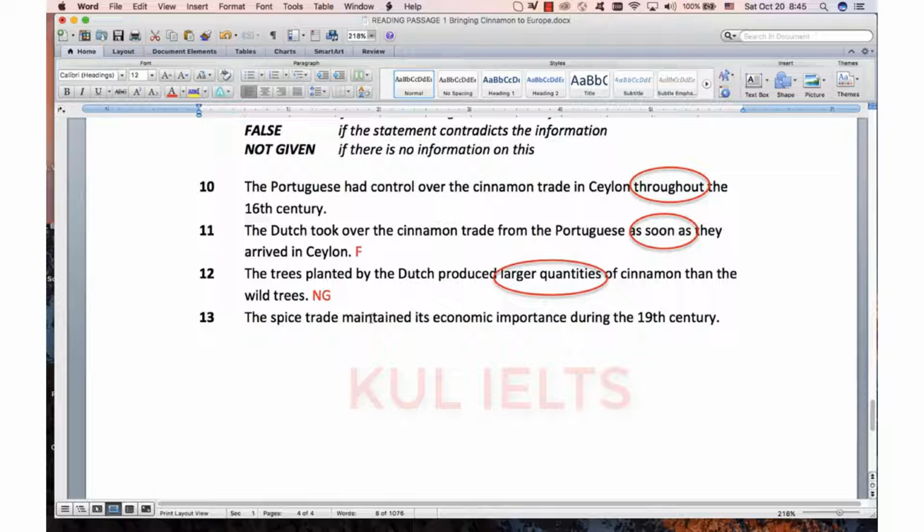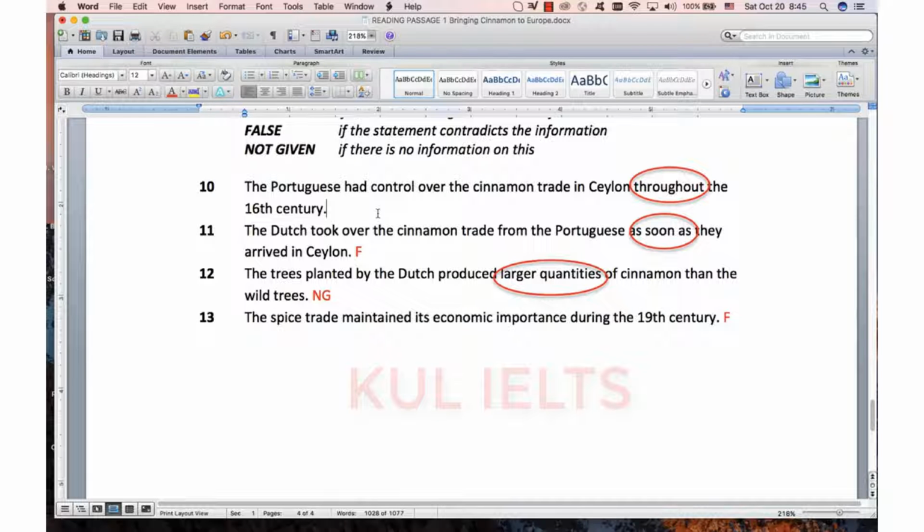Maintained means kept the same. So what they're testing here is, do you know if maintained and diminish is the same or different? Maintained means kept the same, diminish means decrease. So no, the spice trade decreased its economic importance. It didn't maintain it. It didn't keep it the same.